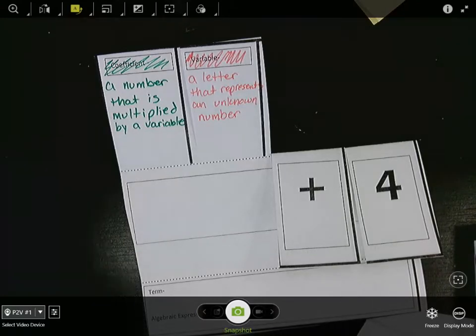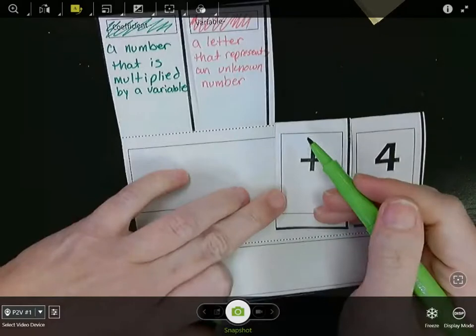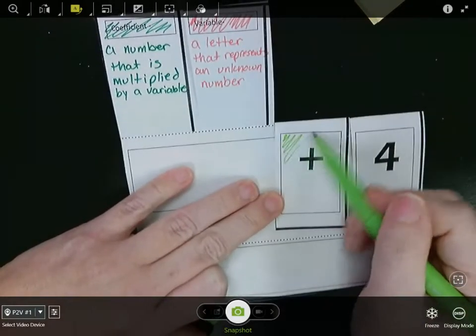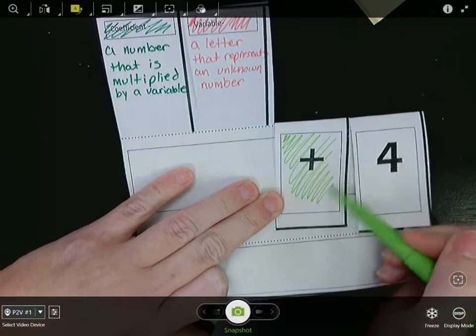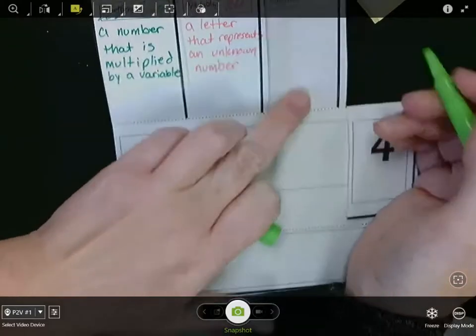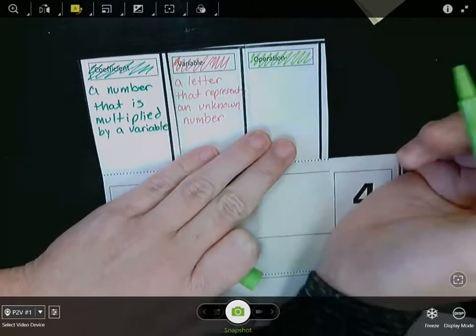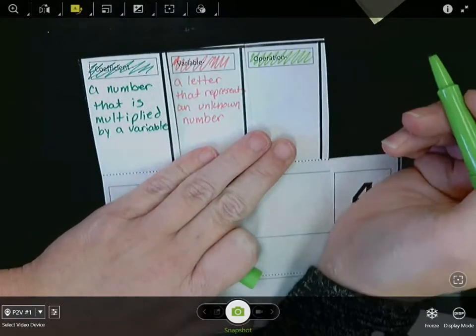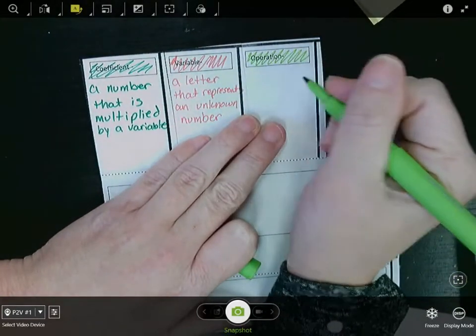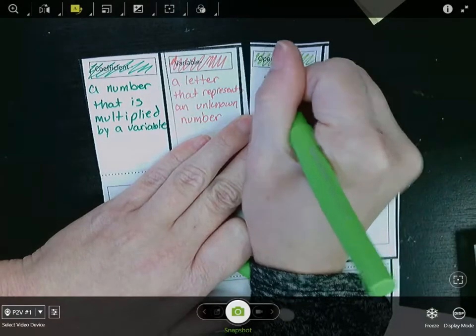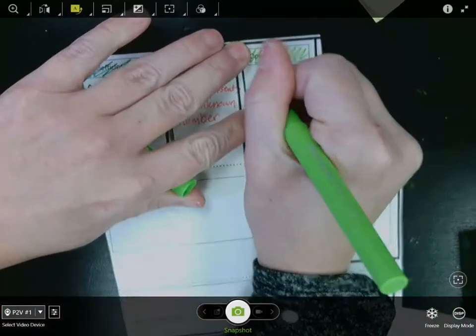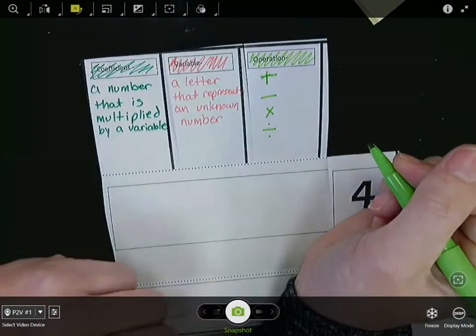All right, the next thing is this plus sign here. And this is what's known as the operation. Okay, the plus sign is the operation. And the operation, it can be addition, subtraction. So in this particular one, it's adding, but it can be adding, subtracting.